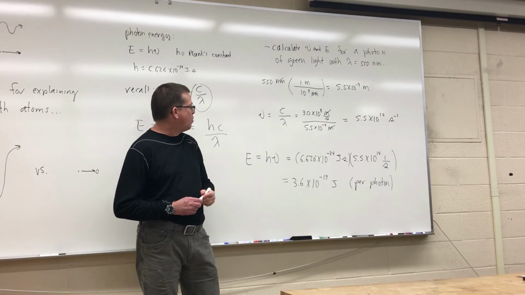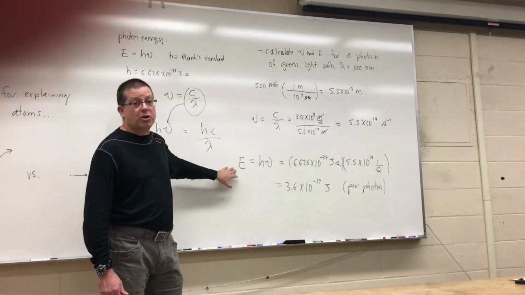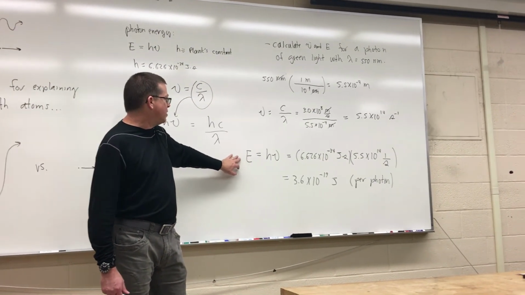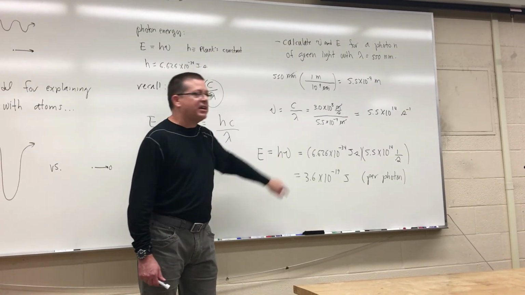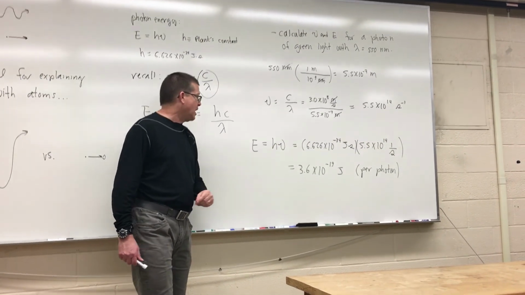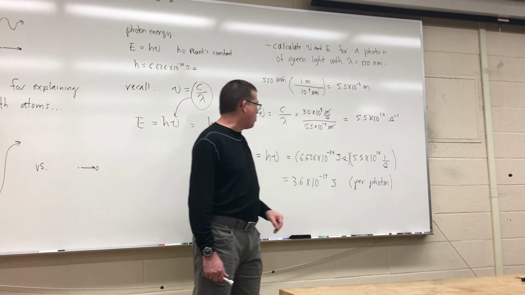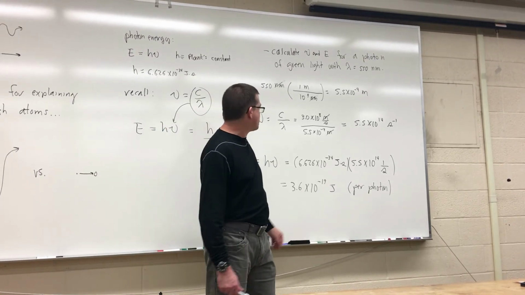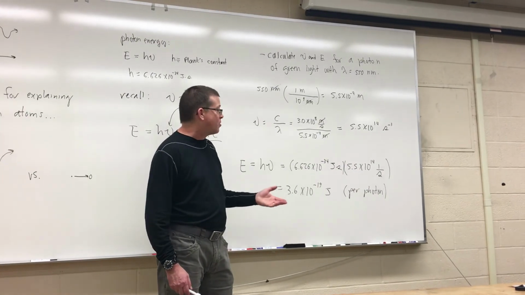All right? So once I have the frequency of the light, I can then go back to my energy equation for the photon and plug that in. I know that the energy of the photon is Planck's constant h times the frequency of the light. Planck's constant is 6.626 times 10 to the minus 34th joules times seconds. I'm going to multiply that by the frequency of the light, 5.5 times 10 to the 14th inverse seconds.